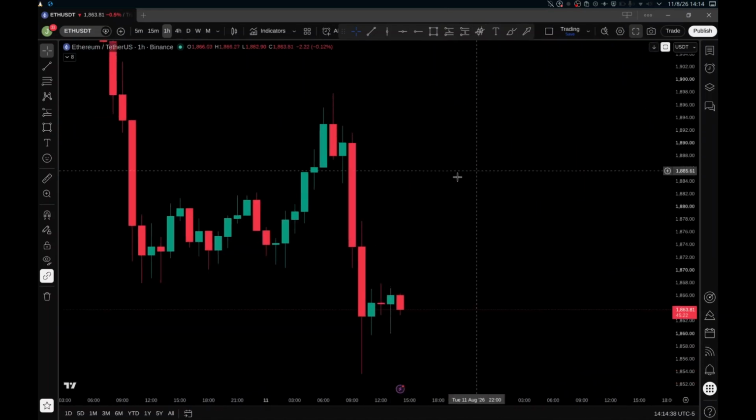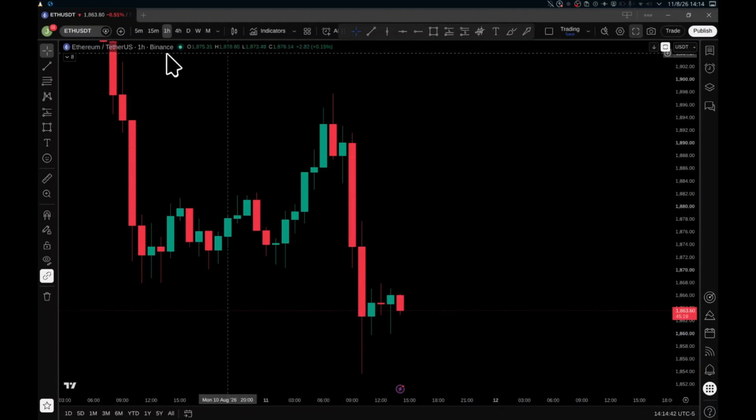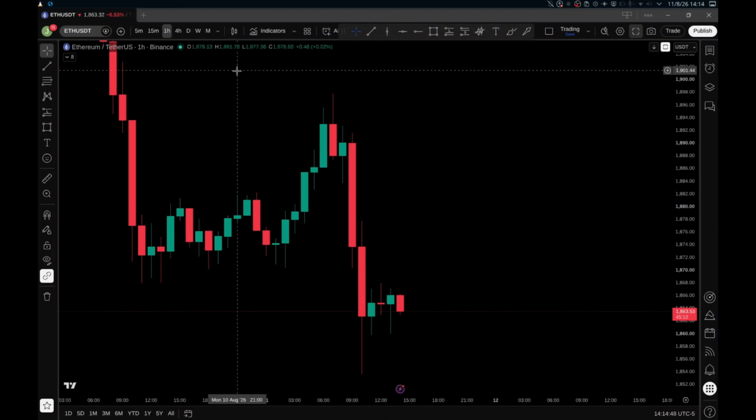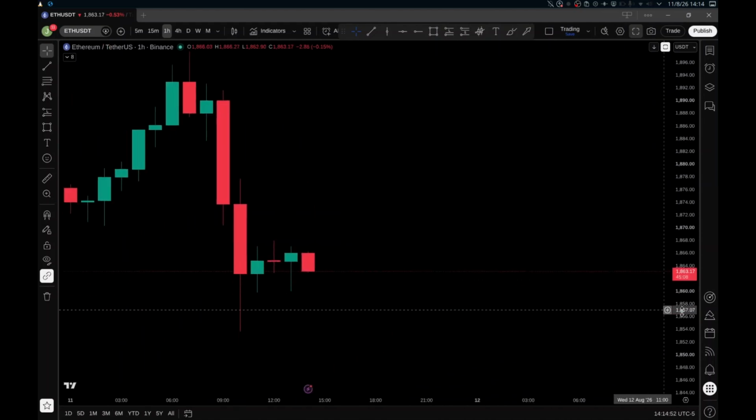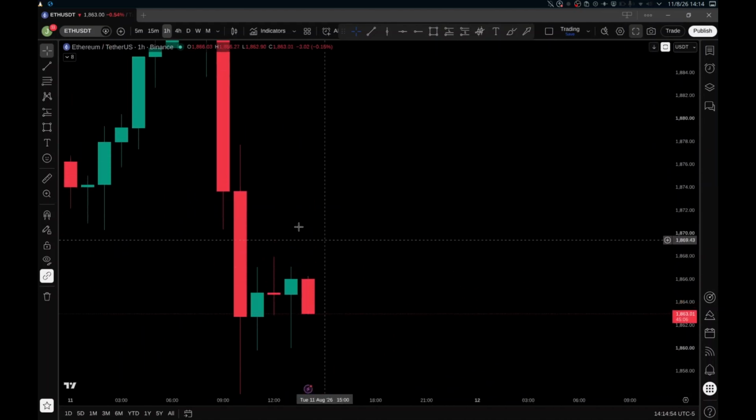If you just put your mouse on any candlestick, you can see up here that it's gonna change, and it's gonna tell me O for open, H for highest, L for lowest, and C for close, right? So for example, in this last candlestick, the open was at 1,866.